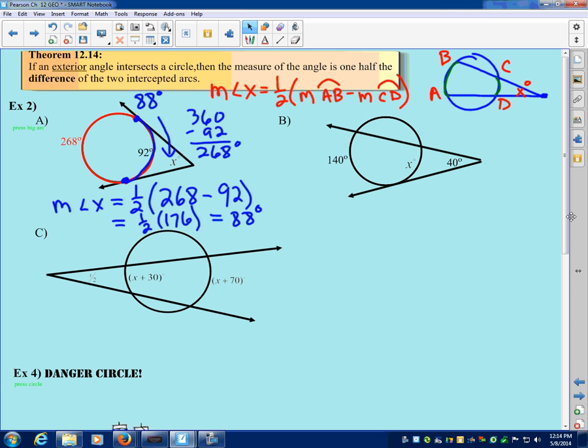What's going to take the place of measure of angle x in this problem? 40. 40 degrees equals 1/2. The big arc is 140 minus the little arc is x. Now my variable is at a different location, so I've got to do some algebra to solve this.